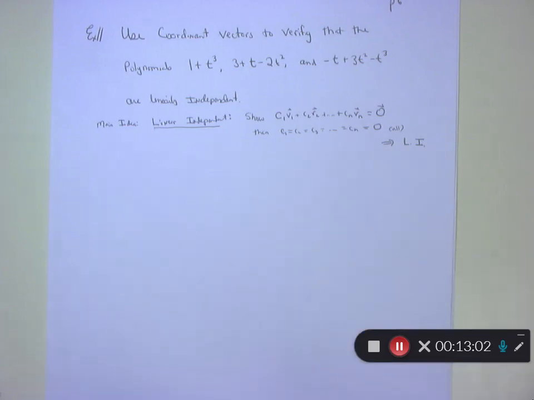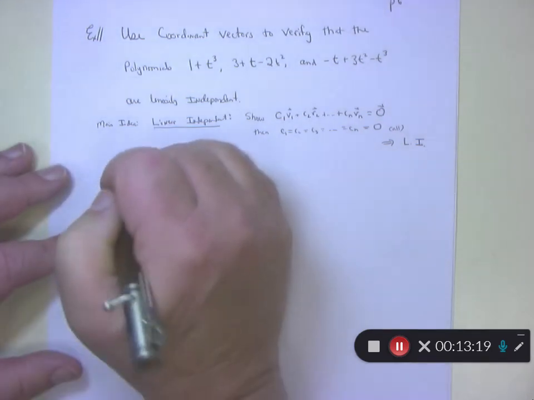When you solve, the only answer you get is what we call the trivial answer, which is they're all equal to 0. I mean, 0 always works. 0 times anybody is 0. But if that's the only answer you can get, then they're linearly independent. Otherwise, they're linearly dependent. So, this is what we're talking about.